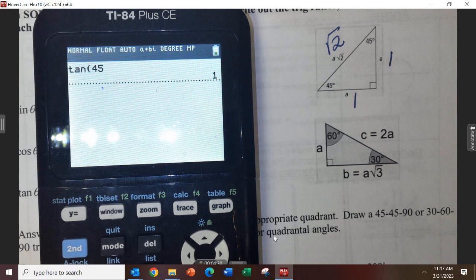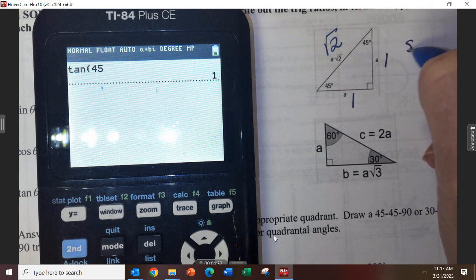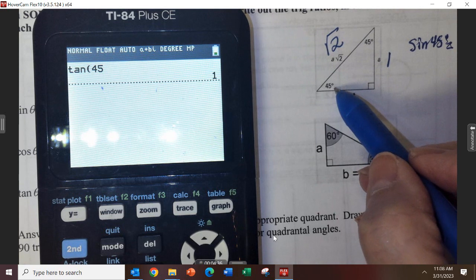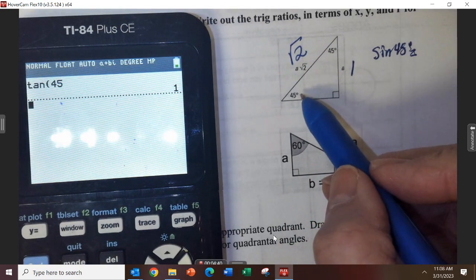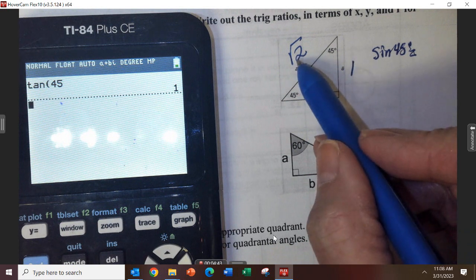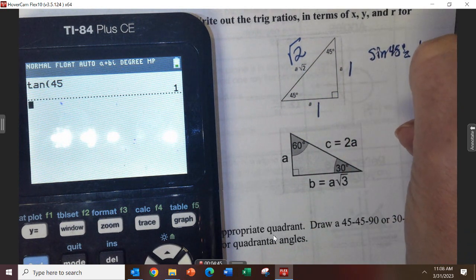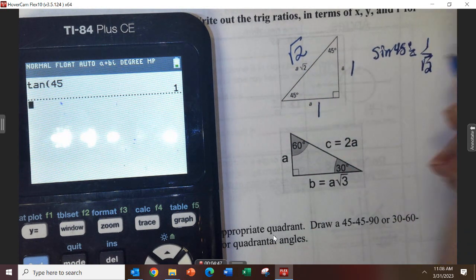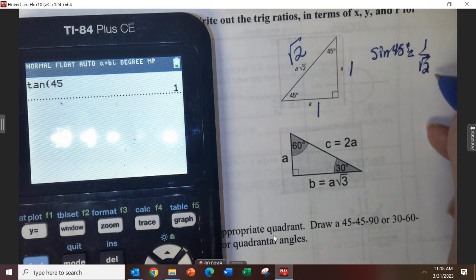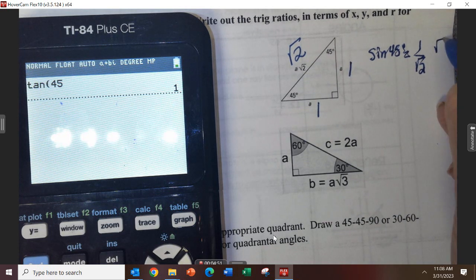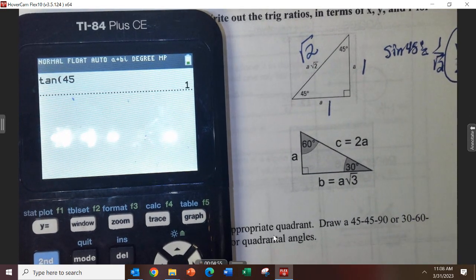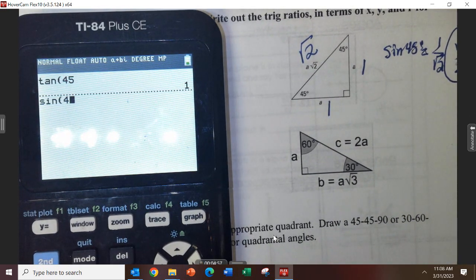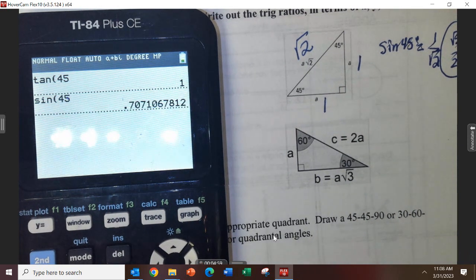All right, what about if we were to do the sine of 45 degrees? Well, now I would have to do opposite over hypotenuse. So what's that going to give us for opposite over hypotenuse? 1 over radical 2. But then we should rationalize that. So what would it be? Radical 2 over 2. So now we're going to check that. The sine of 45 degrees is that.